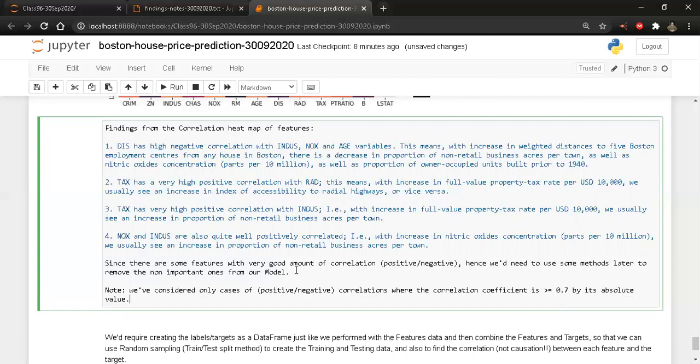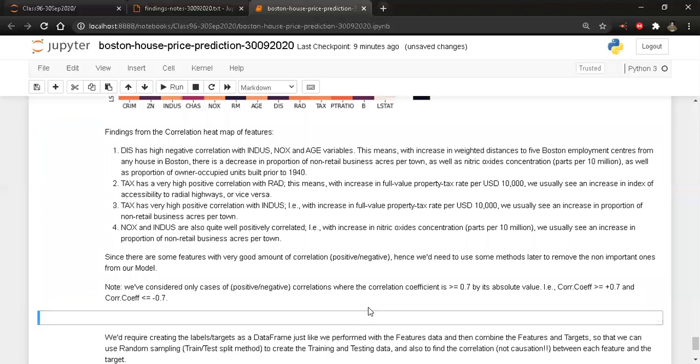What this means is that the correlation coefficient is greater than or equal to 0.7, or less than or equal to minus 0.7. So this is what we have considered. We have taken the range, which is why I said by its absolute value. Wherever I have seen such cases, those only I have considered, and not everything.